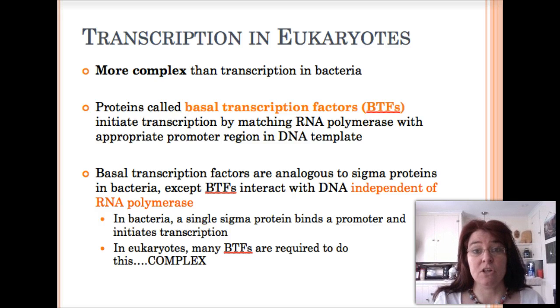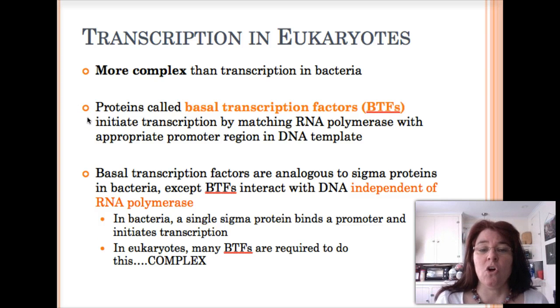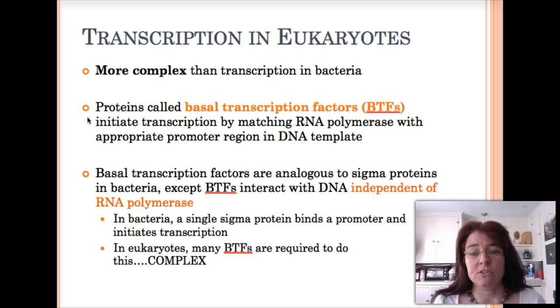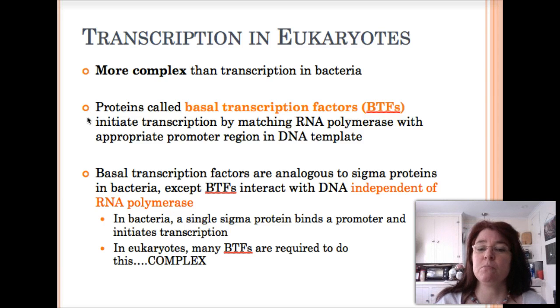The first thing I'd like to talk about is this point right here, which states that there are proteins called basal transcription factors, or BTFs, in eukaryotes that help initiate transcription by bringing the RNA polymerase enzyme into its appropriate promoter region. Now, this sounds a lot like what sigma does, and indeed, the basal transcription factors that you find in eukaryotic organisms essentially are analogous to sigma.